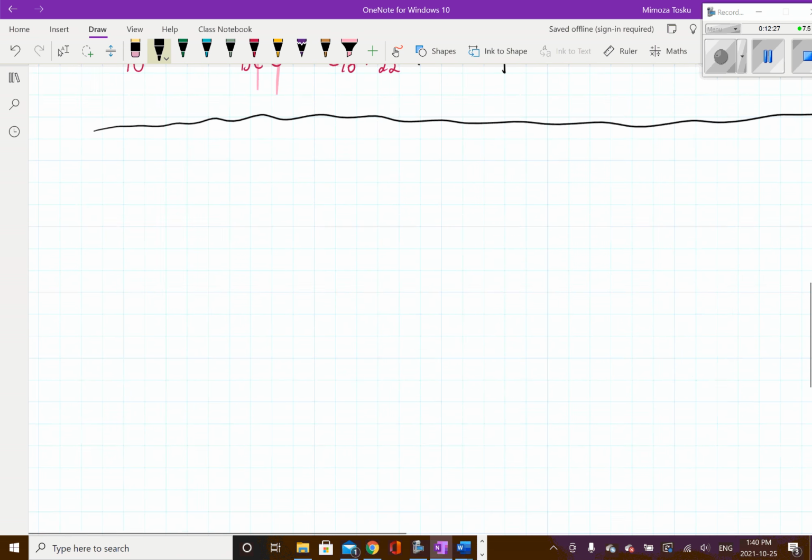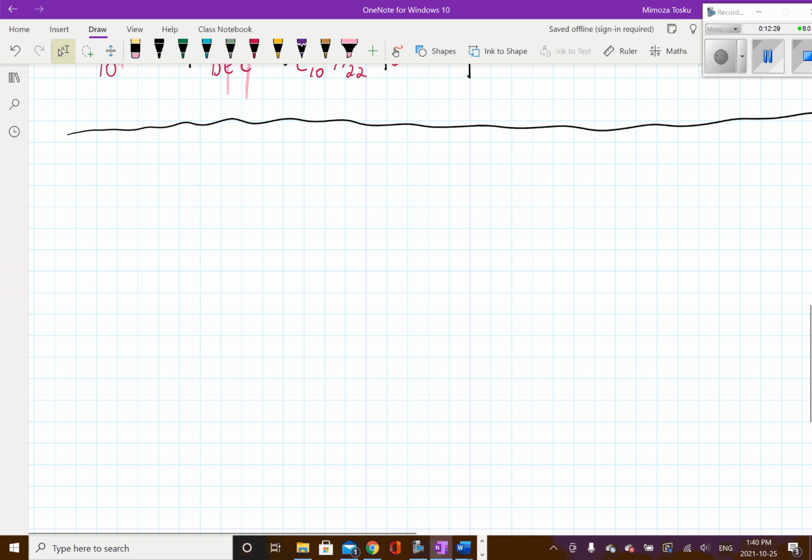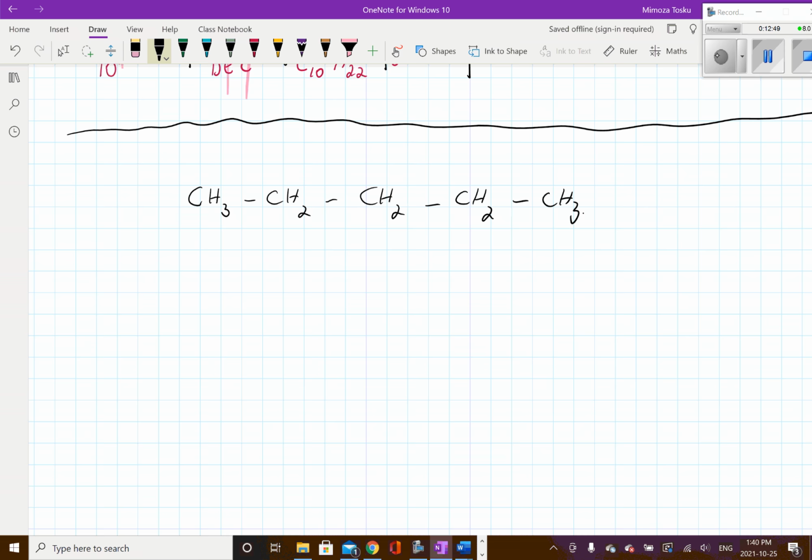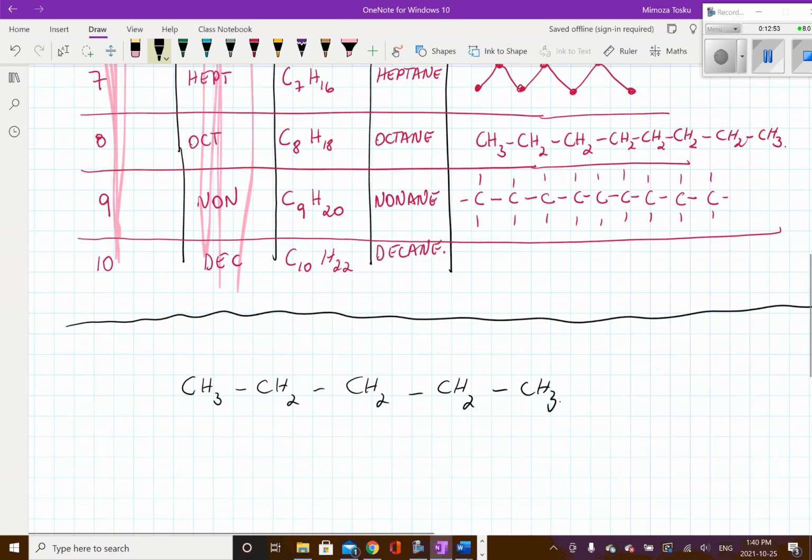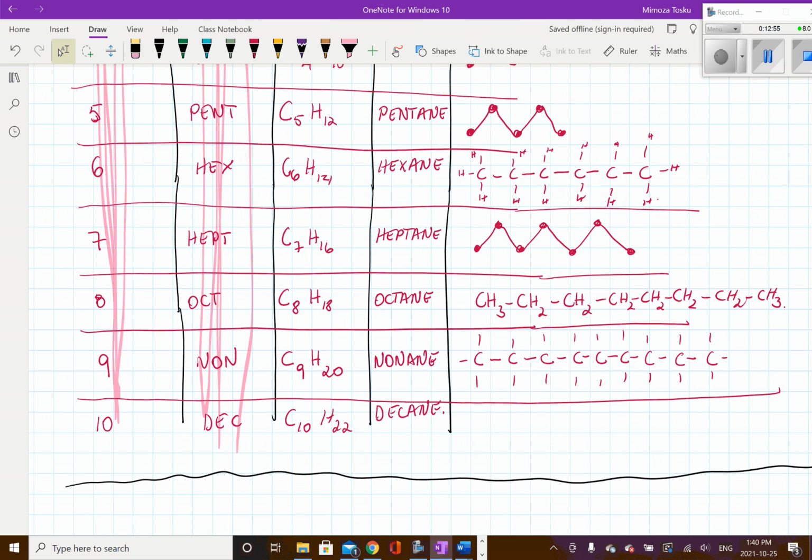Let's suppose that we have a normal alkane, with this as the condensed structural formula: CH3, CH2, CH2, CH2, and CH3. So 1, 2, 3, 4, 5 carbons means that we have pentane.